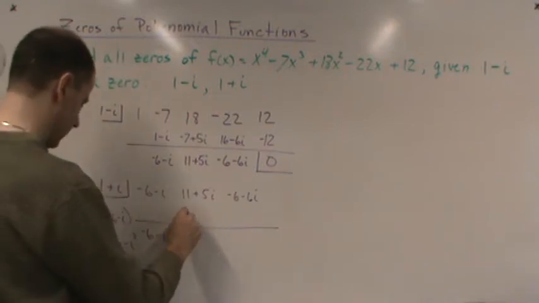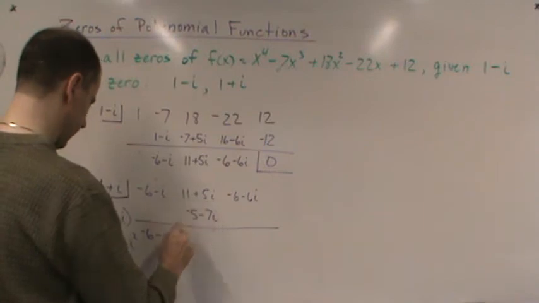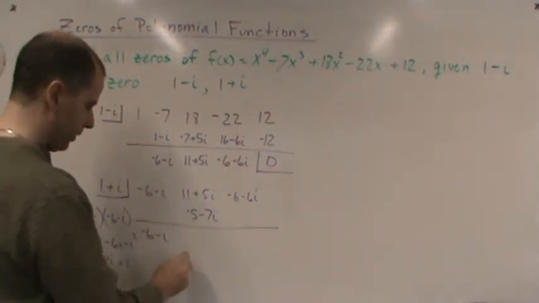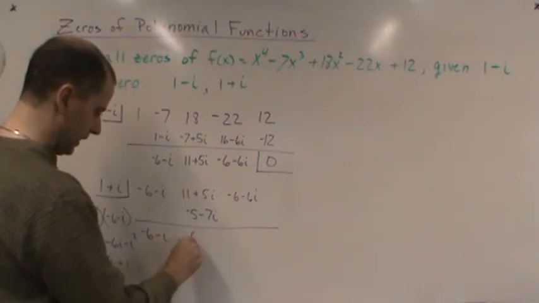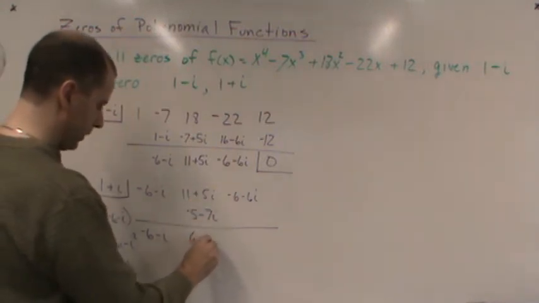So I'm going to put minus 5 minus 7i. Okay, now I'm going to add down. So the 11 minus 5 gives me 6, and the 5i minus 7i gives me minus 2i.